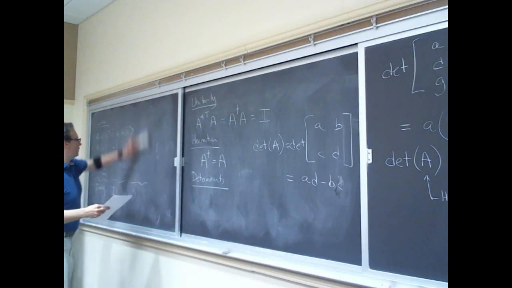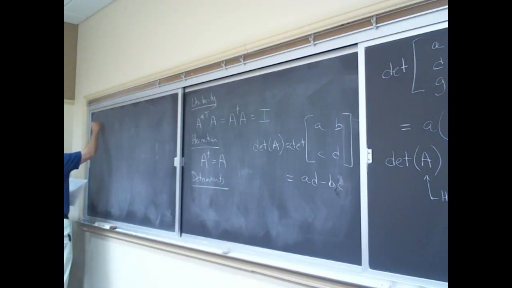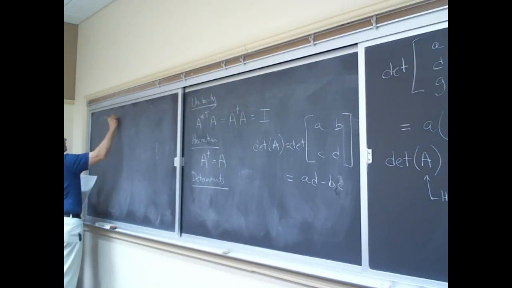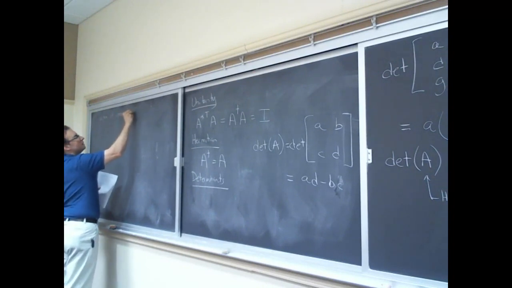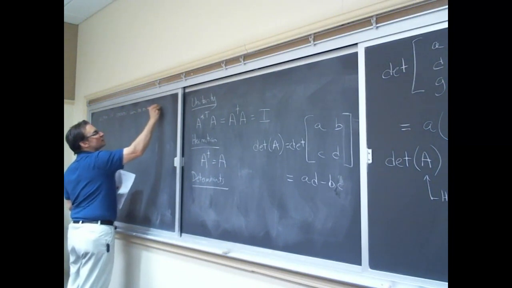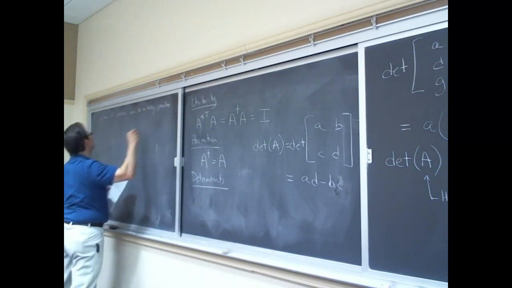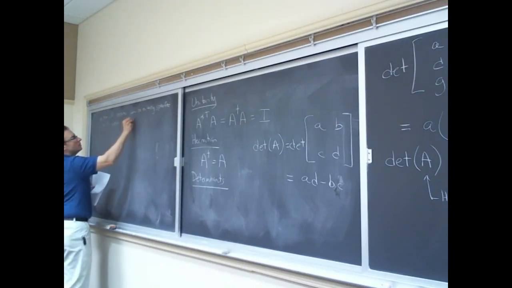All right, so I'll start over here. The action of an operator, what it does to vectors in the space, can be entirely specified by its actions on basis vectors.